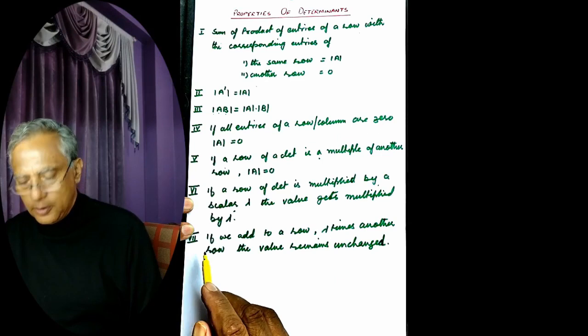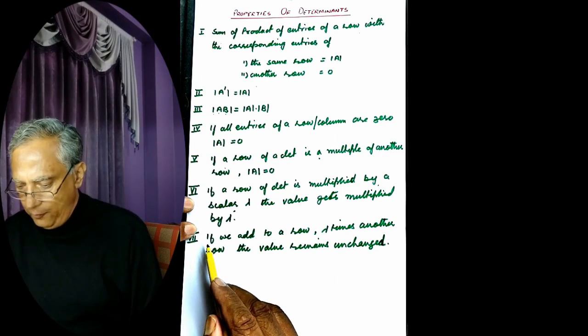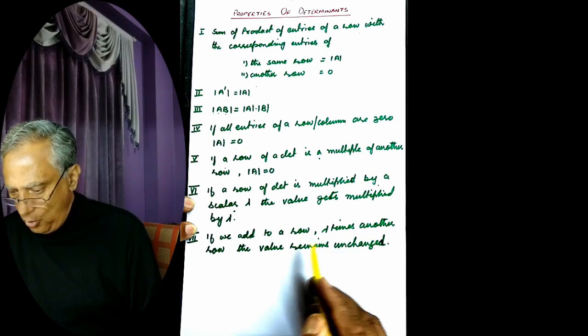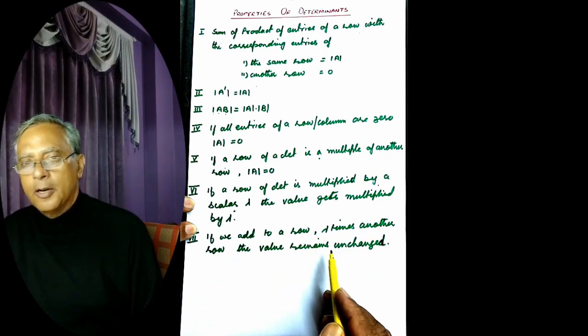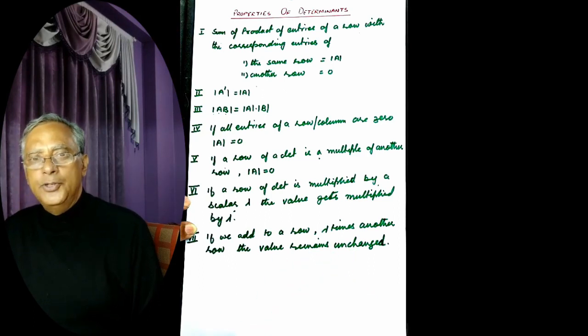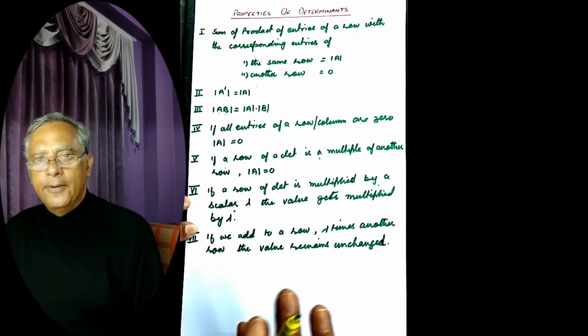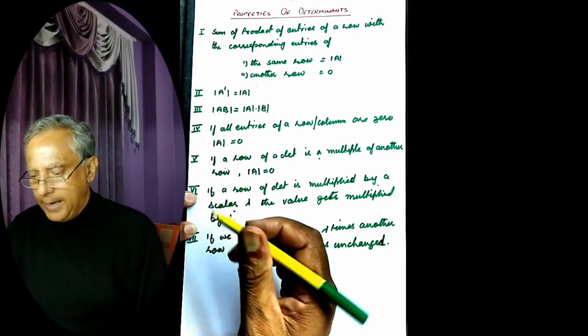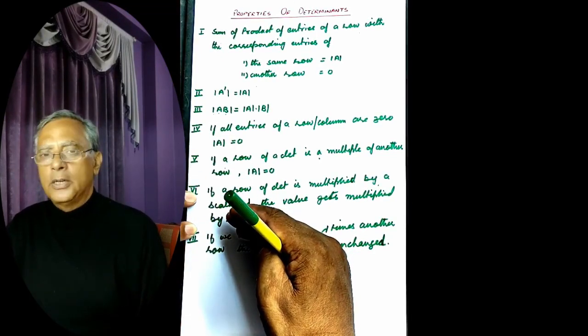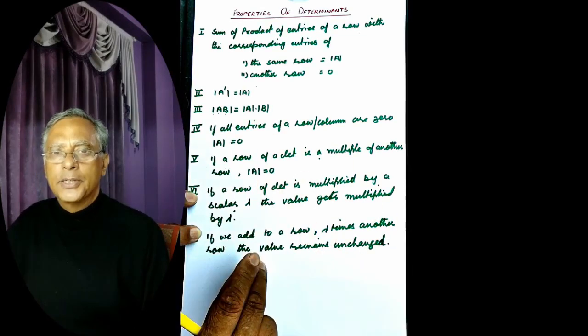So what we see is, if we multiply a row of a determinant by 10, its value gets multiplied by 10. Now the next property is, if we add to a row lambda times another row, the value of the determinant remains unchanged. There is no change in the value. If we add to, say, R1 10 times R2, the value of the determinant will not change.